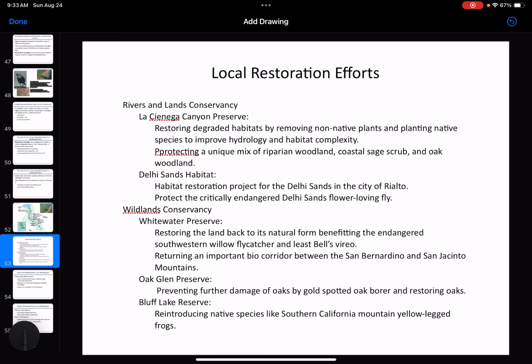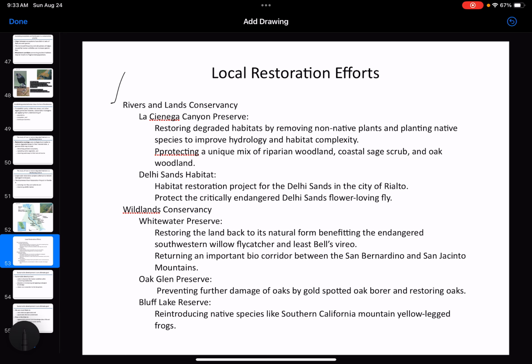So I mentioned the Rivers and Lands Conservancy and the La Cienega Canyon Preserve that's in that Calimesa area just before Beaumont off the 60 and next door to Moreno Valley. And they're doing restoration work there.